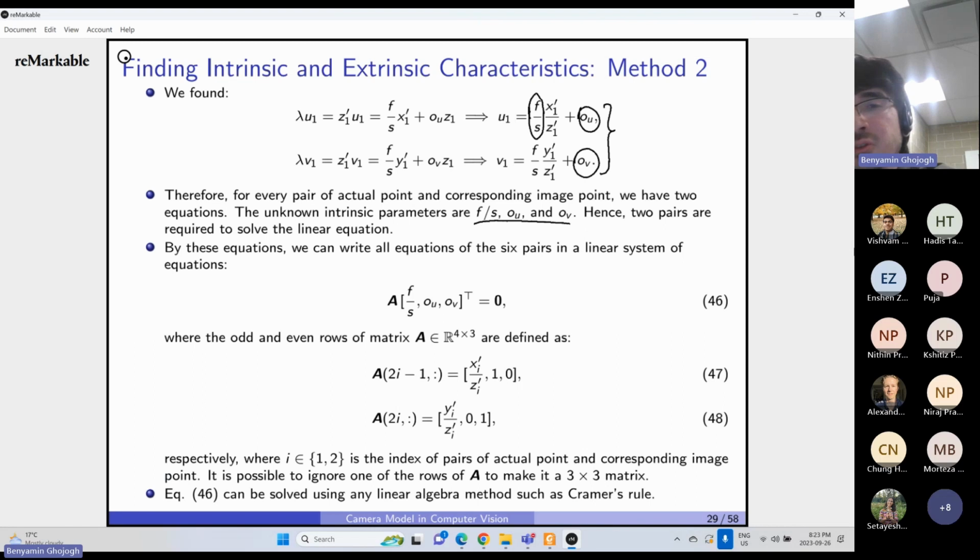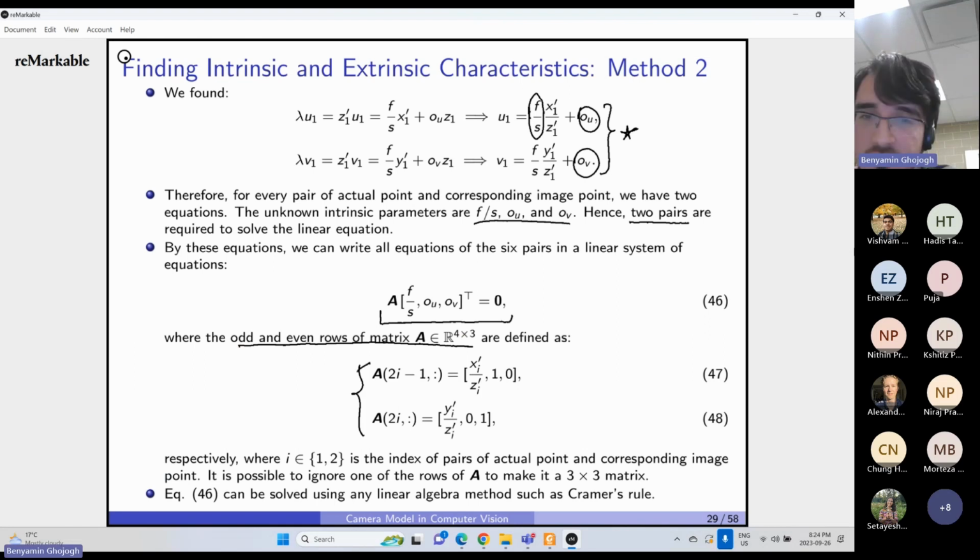Doesn't matter, 2 or 3 or 4, but usually we say 3 unknowns. And every pair gave us 2 equations. As a result, we need 2 pairs to solve this system of linear equations, right? So again, I can have a system of linear equations, A times these 3 unknowns, where I have odd and even rows. So A is 4 by 3.